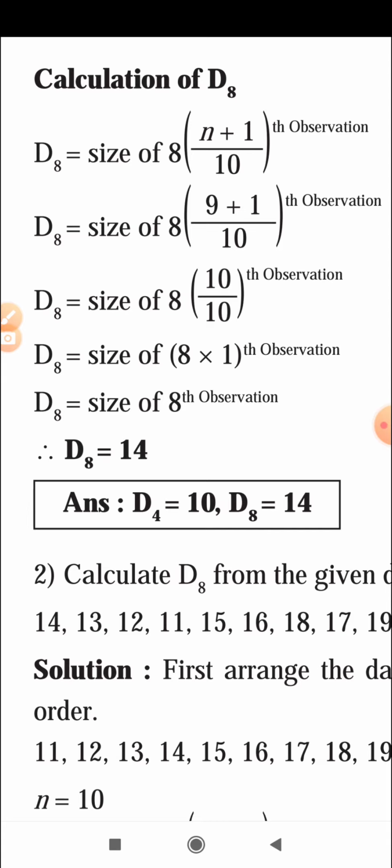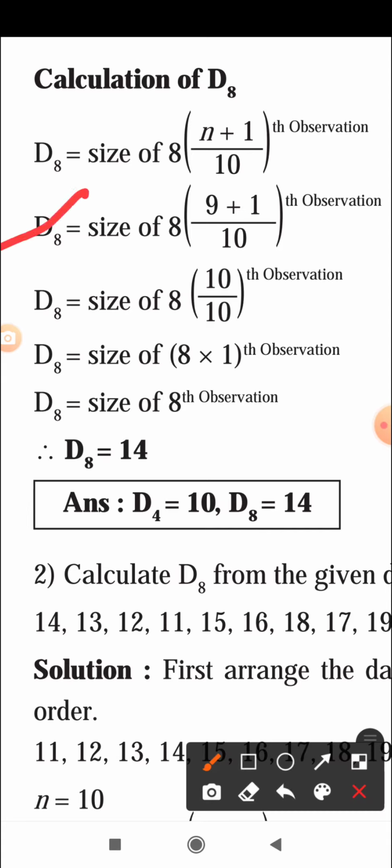Next steps, D8 is equal to size of 8 into bracket 9 plus 1 upon 10 bracket complete observation. So D8 is equal to 8 into 10 upon 10th observation. So D8 is equal to size of 8 into 1. So D8 is equal to size of 8th observation.